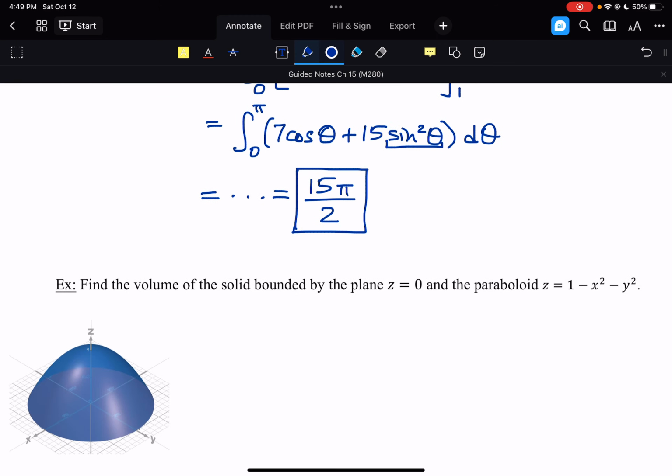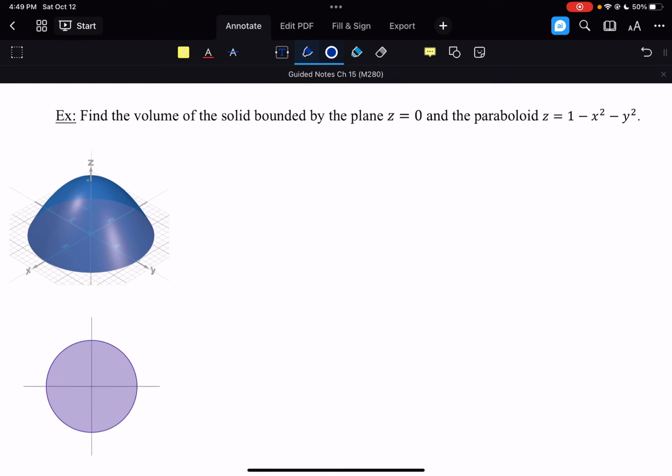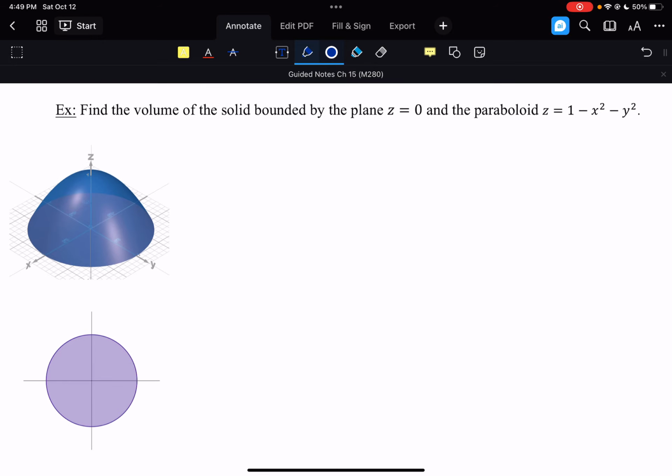Let's take a look at this next example. Find the volume of the solid bounded by the plane z equals 0 and the paraboloid z equals 1 minus x squared minus y squared. So I've got the 3D graph here and obviously the 2D region as well, but just by looking at this, we have z equals 0 and z equals 1 minus x squared minus y squared.